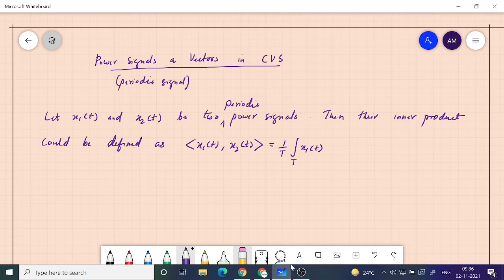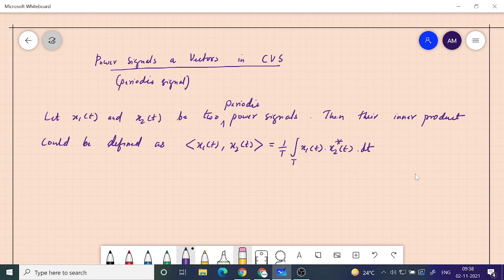Then the first function in the same form, multiplied with the second function by taking the conjugate of it, dt. The only difference is the integration limit is over a finite period, not from minus infinity to plus infinity, though the signals are defined from minus infinity to plus infinity.